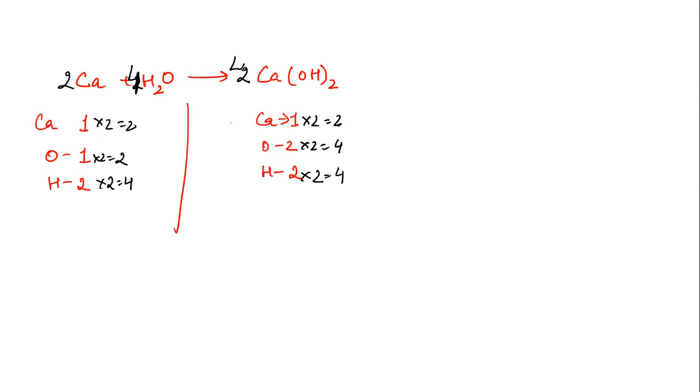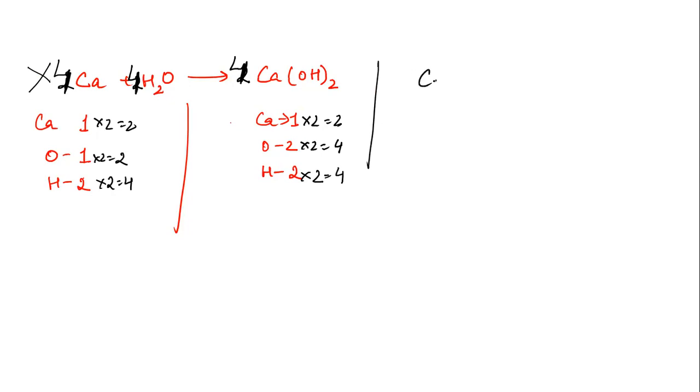This will become 4. Hydrogen 8, oxygen 4. Then oxygen will become again 8. So this reaction is wrong. This reaction cannot be balanced.